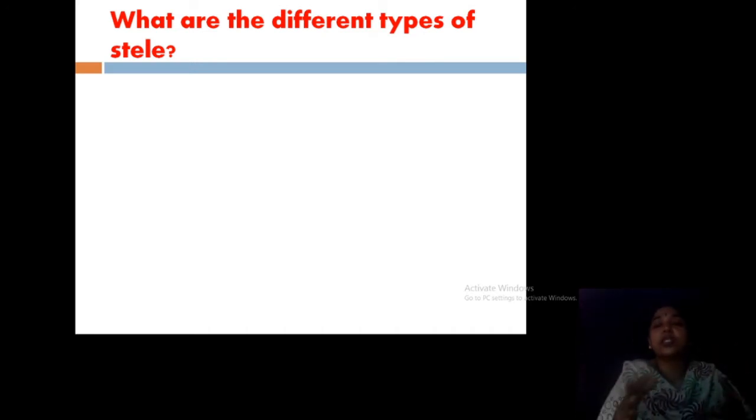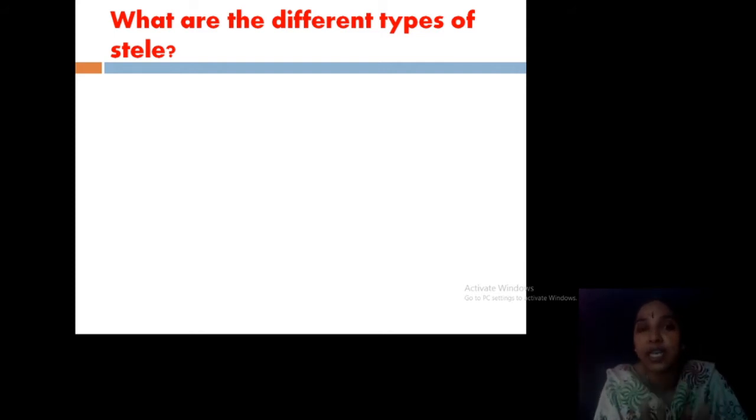That is known as stelar evolution. So, when you take a fern or any other pteridophyte, while you section the root, you have a particular stele. When you section the rhizome, a particular stele, then the shoot another stele, the leaf portion another stele, likewise. So, it varies part by part. That is a difference. And also there is an evolution from the basic primitive type to advanced type. That is the significance of stele in pteridophytes.